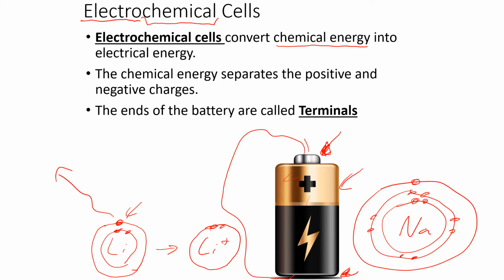If you had a car battery, you may have seen car batteries if you're helping your parents work on their car, these would be called the terminals right here. If you had a 9-volt battery, you usually have one large terminal and then a smaller terminal. These would be the terminals right here.